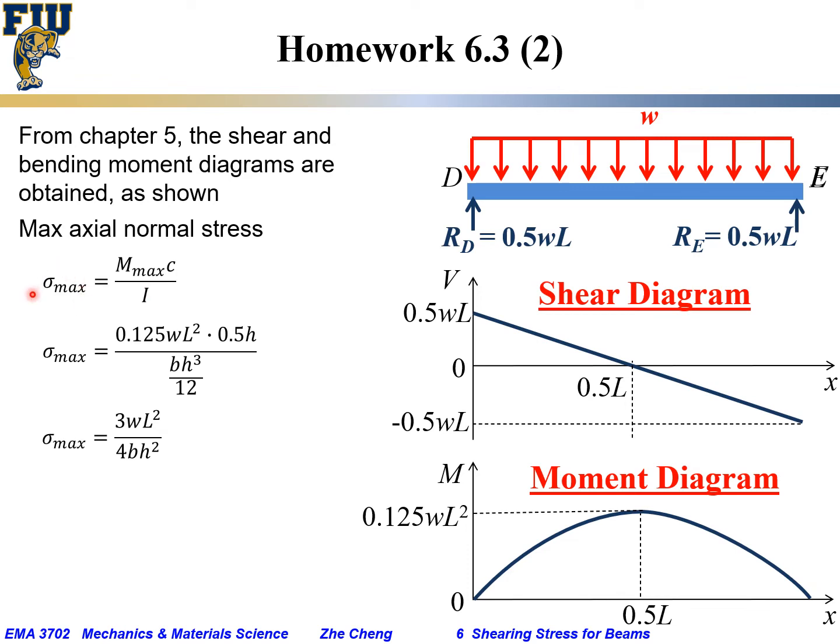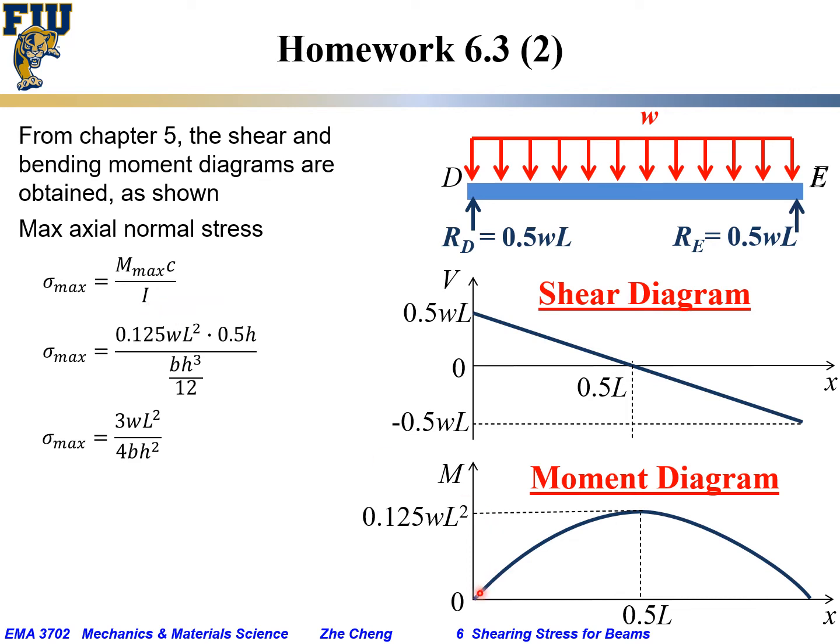For sigma to reach maximum for the entire beam, essentially we need the C dimension to go to maximum, as well as the moment to reach maximum, considering this is a prismatic beam, which means the moment of inertia I would be the same.